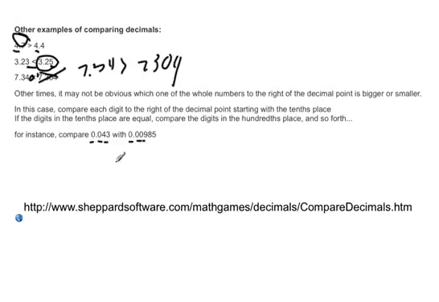Oh, so which number is going to be bigger? This one. Okay, hope that gives you a little insight to how to compare decimals. You're going to look at the whole numbers first, the number to the left of the decimal. If that's the same, then you move to the right, and each time looking at the digit and determining which is larger.